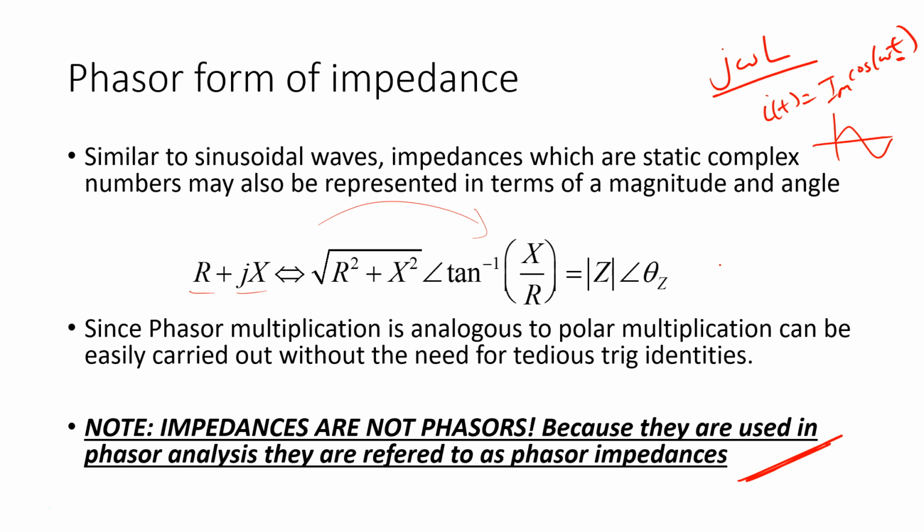So if I added R plus jXL, I could represent that as R plus jX, or as Z angle theta Z. That is simply the rectangular or polar form of the impedance.